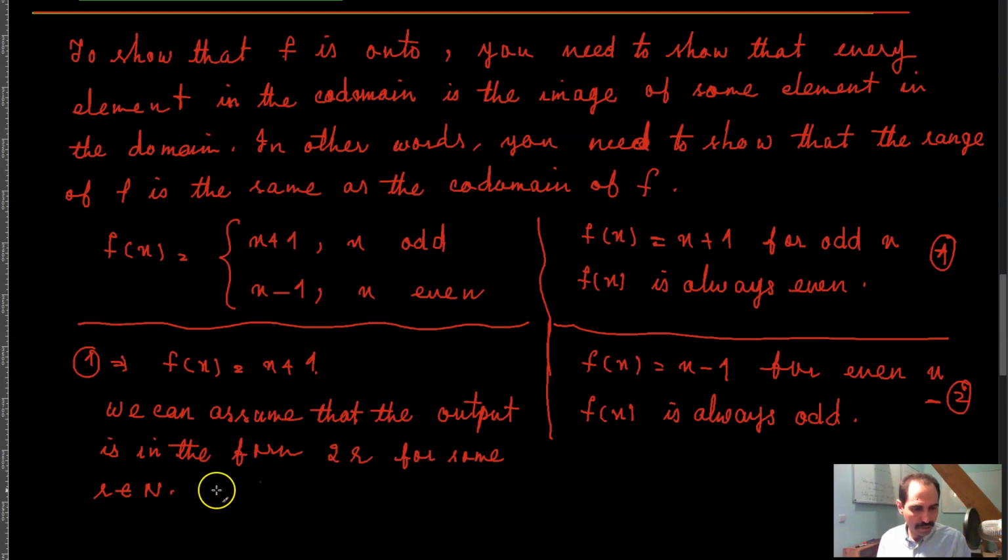For some r belonging to the set of natural numbers, 2r becomes an even number.